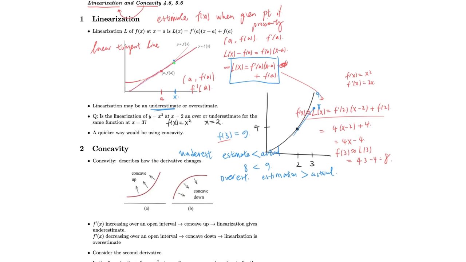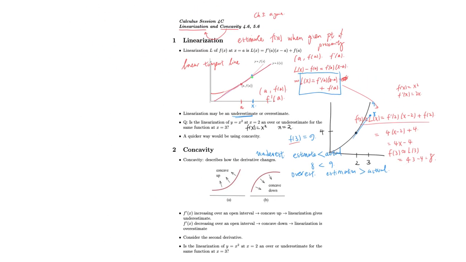Now, a few years ago, at least 5 years ago, the AP was testing a certain form of linearization. They would ask you to first linearize something, and then they would ask you if it's an under or over. But now if you take a look at the CED, this is not exactly part of it, but knowing if it's under or over is still very helpful.